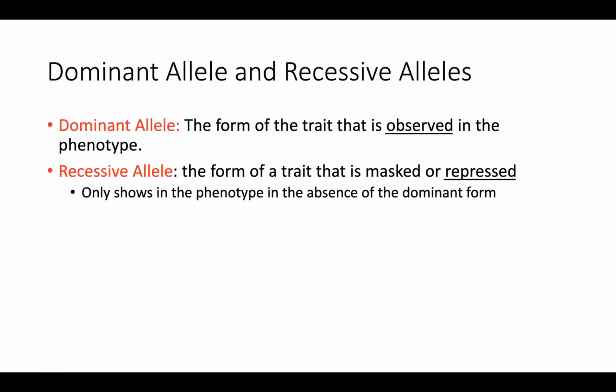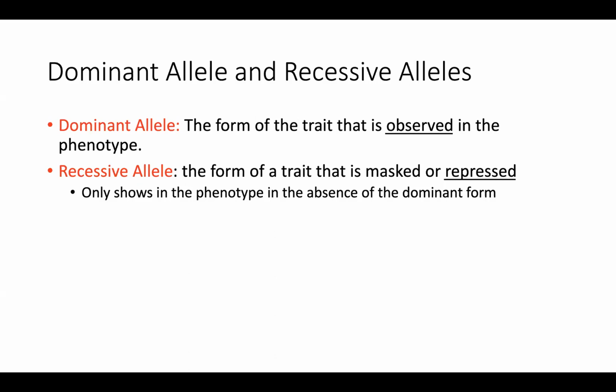Now, this concept of a dominant and recessive allele. Okay, we're almost done. Dominant and recessive alleles. A dominant allele is the form of the trait that is going to be observed in the phenotype. So this is the form of that trait that you would actually see.